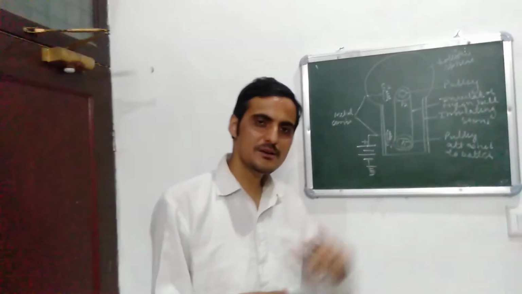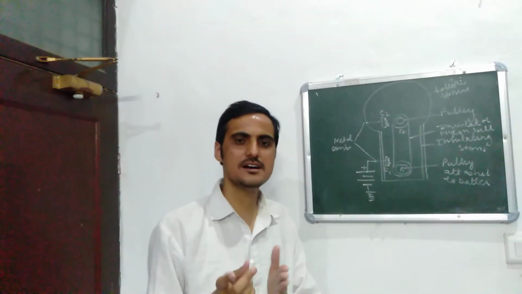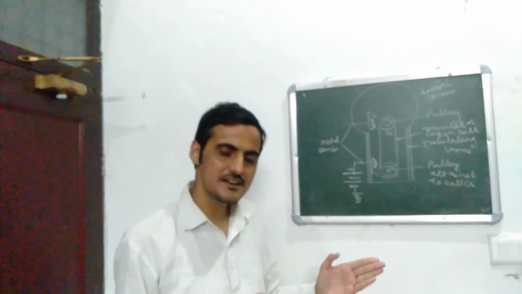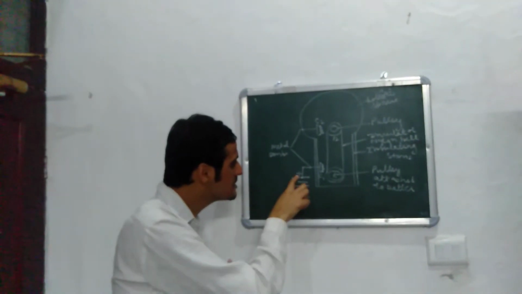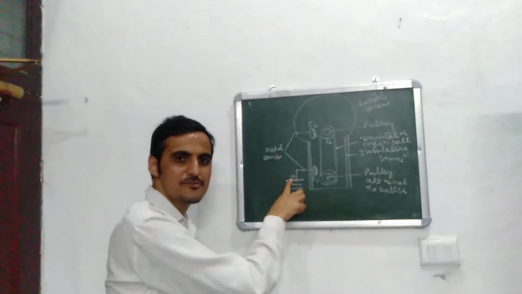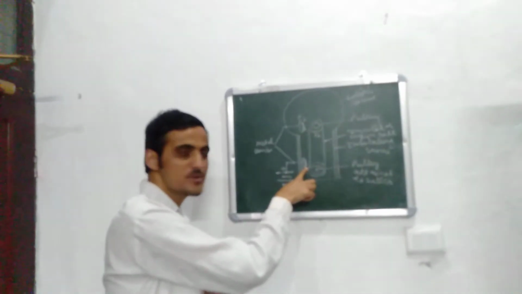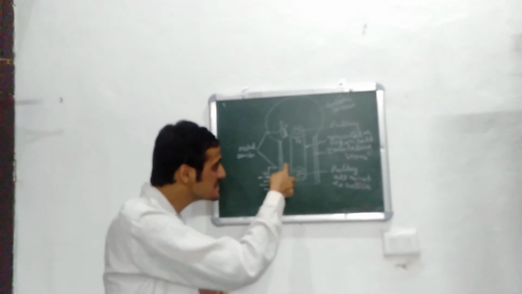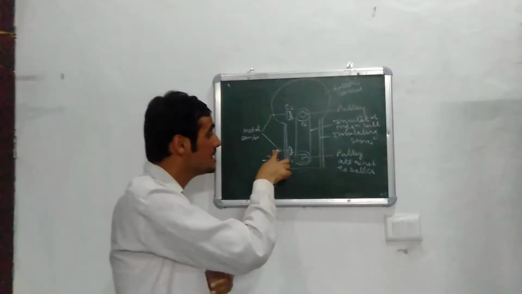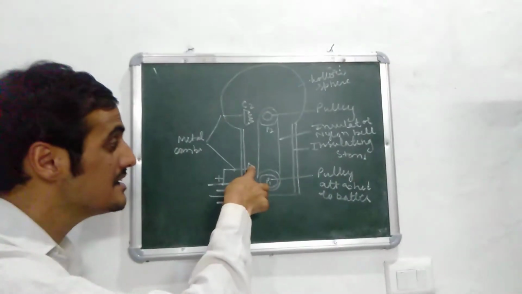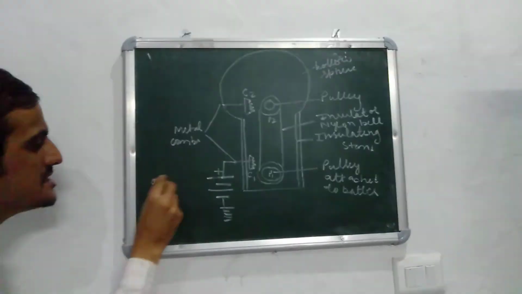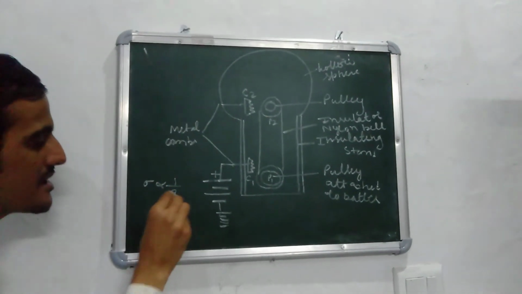By using the principle of the Van de Graaff generator, what will happen? This is a positive charge. First it will go to the comb, because it is like a comb. As we know, sigma is inversely proportional to 1 upon r.